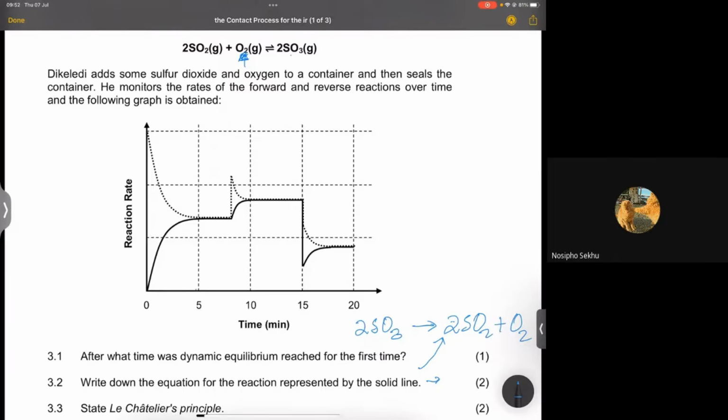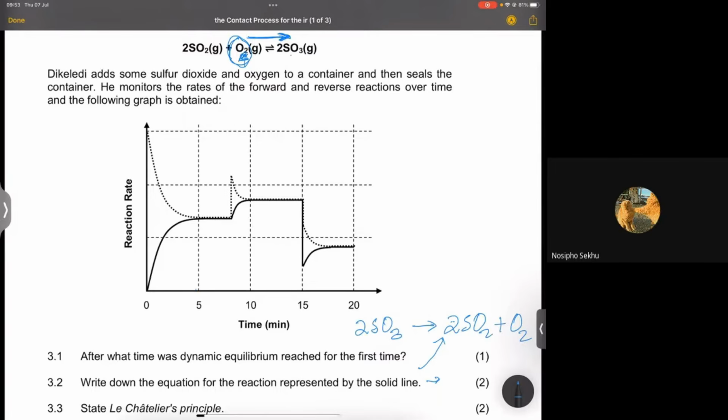If I take away something, I need to replace it. So the moment I add oxygen, the reaction says, I've got more oxygen, I need to use it up. So the rate of the forward reaction will now increase, so that it uses up the oxygen that has been added there.